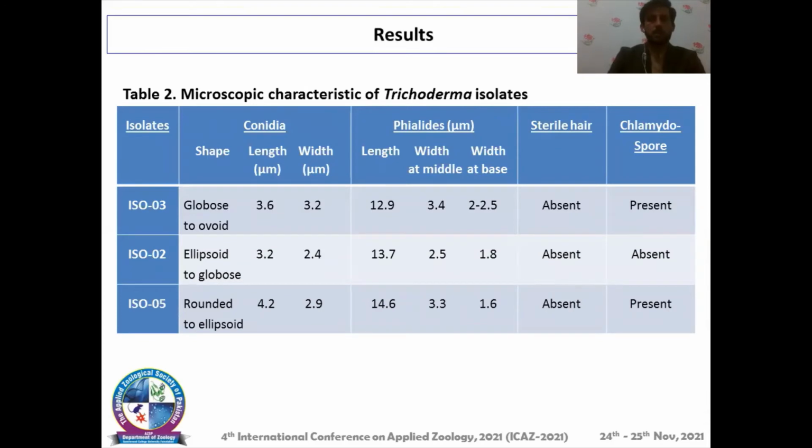These are the microscopic characteristics of Trichoderma isolates, such as shape and size of conidia, phialides, presence or absence of striate hair, and presence or absence of chlamydospores. Striate hair was absent in all the isolates, while chlamydospores were present only in isolate 2.